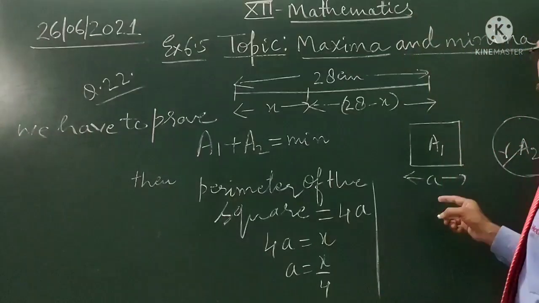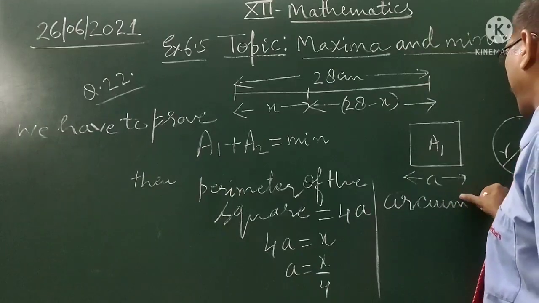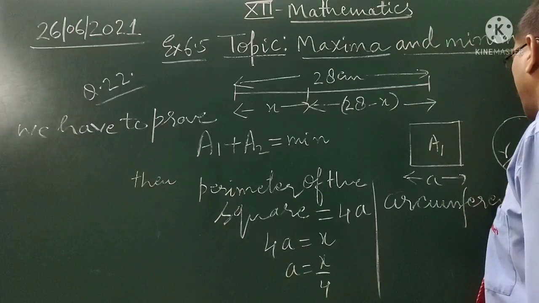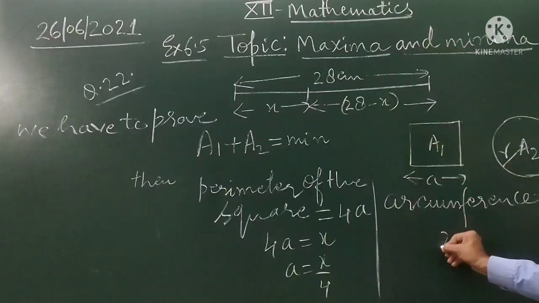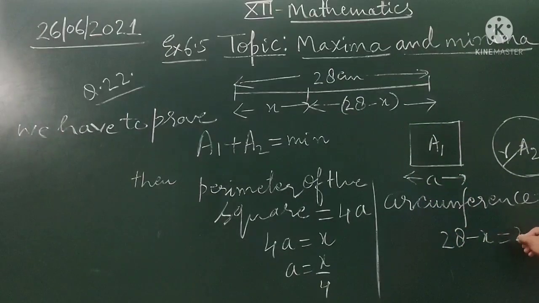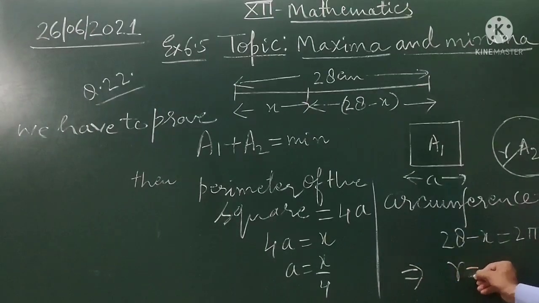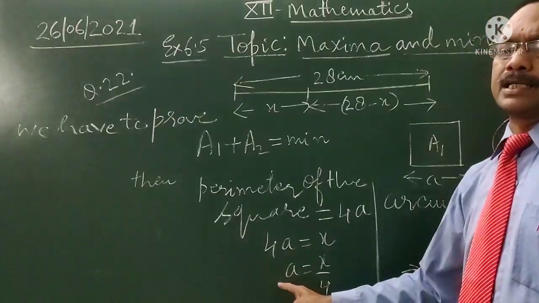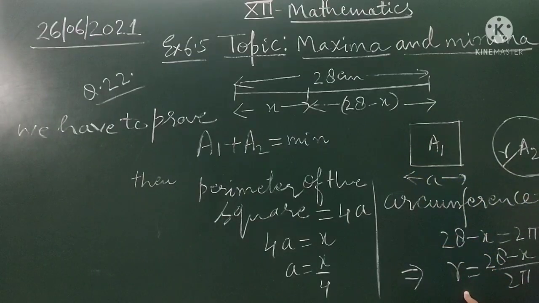The circumference of the circle is 2 pi r, and this 2 pi r equals 28 minus x. Therefore, the radius of the circle r equals 28 minus x upon 2 pi. So from one part we get the side of the square, and from the other part we get the radius of the circle.